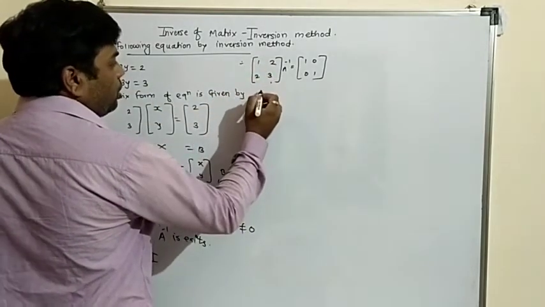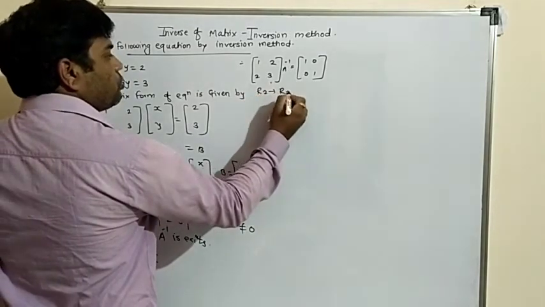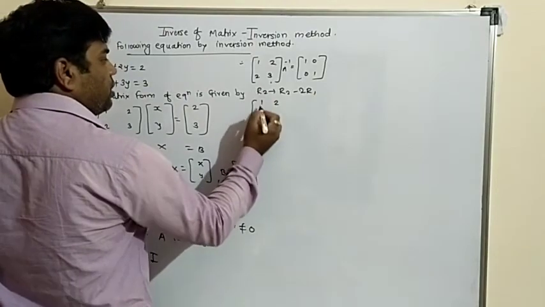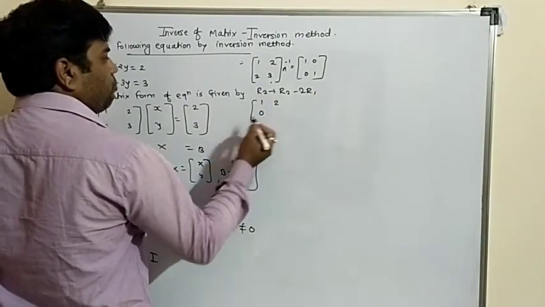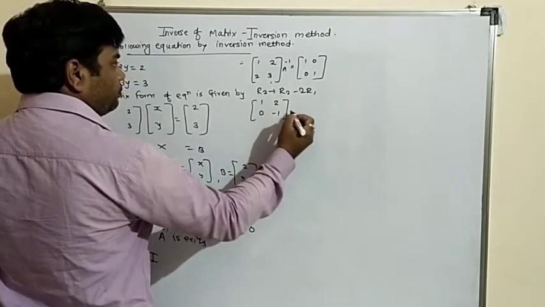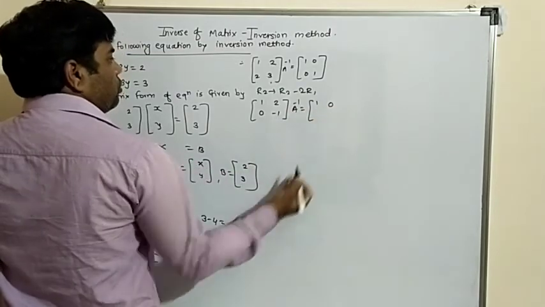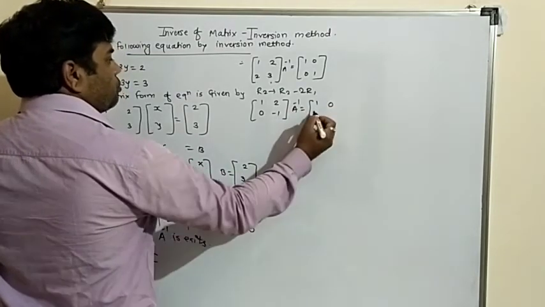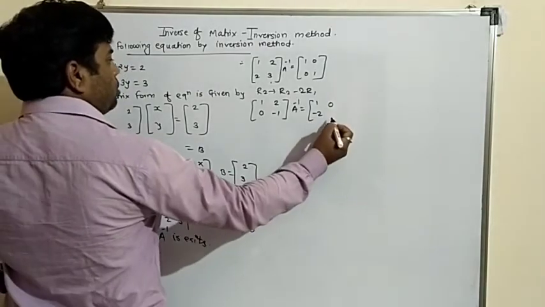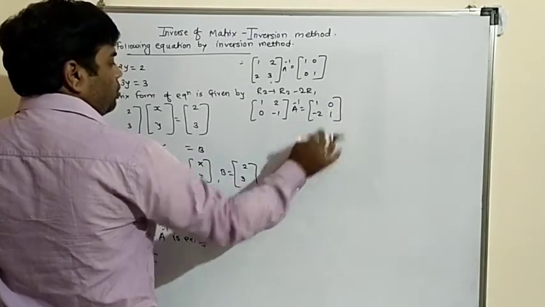So, suppose R2 tends to R2 minus 2 R1. So 1, 2, then 2 minus 2 is 0, 3 minus 4 is minus 1. On the right side 1, 0, 0 minus 2, and 1 as it is.